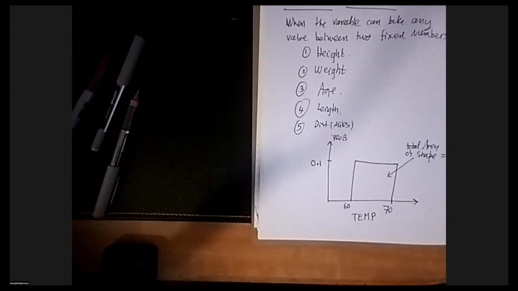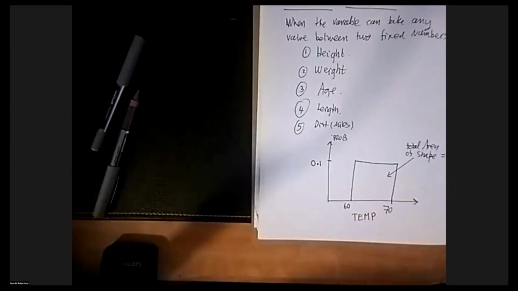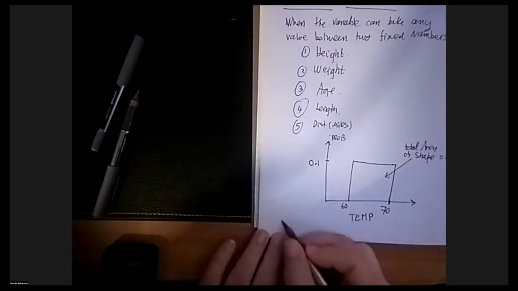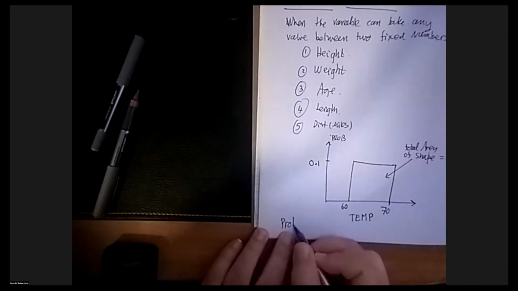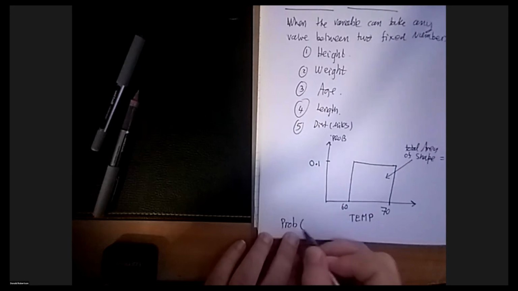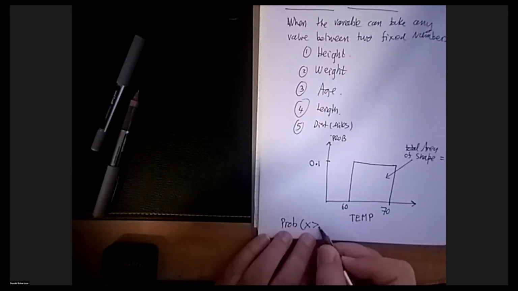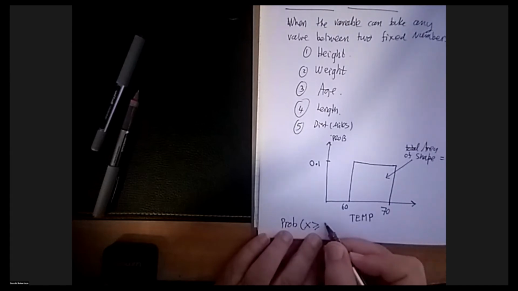Now you may think, how can you use that picture to get any kind of probabilities? Well, when you do continuous probabilities, you tend to write them like this. What's the probability that the temperature in this place is greater than or equal to 62?